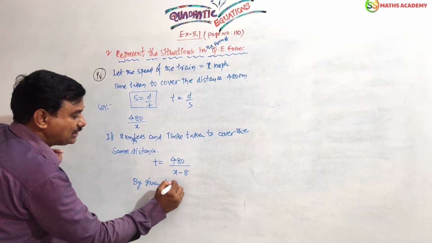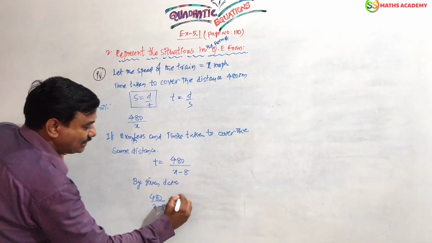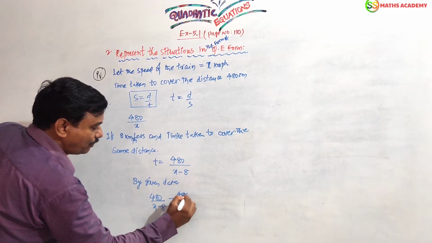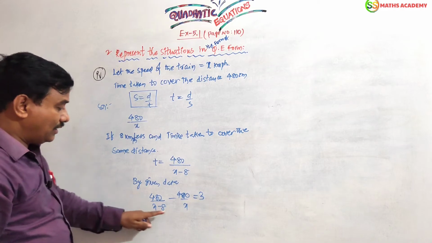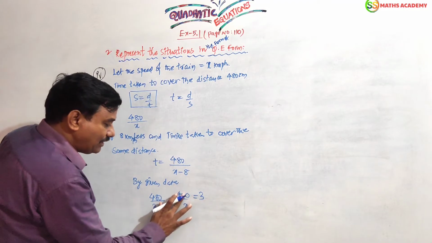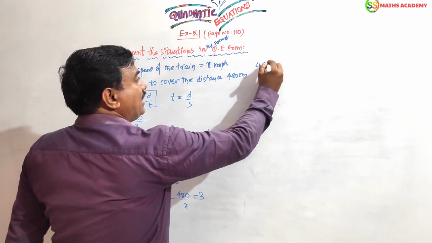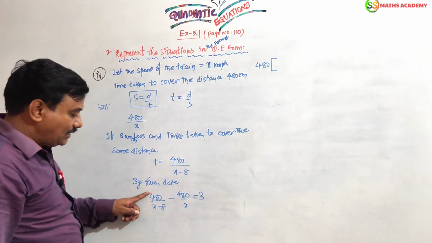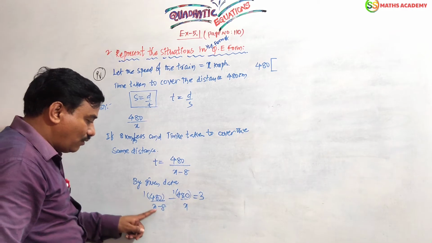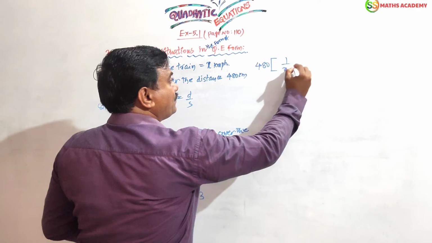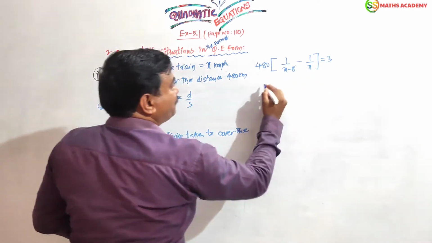The change in this time: first 480 by x minus 8 minus 480 by x, the first situation, is equal to 3 hours. Now here 480 is common, so take 480 common. Inside we get 1 by x minus 8 minus 1 by x is equal to 3.